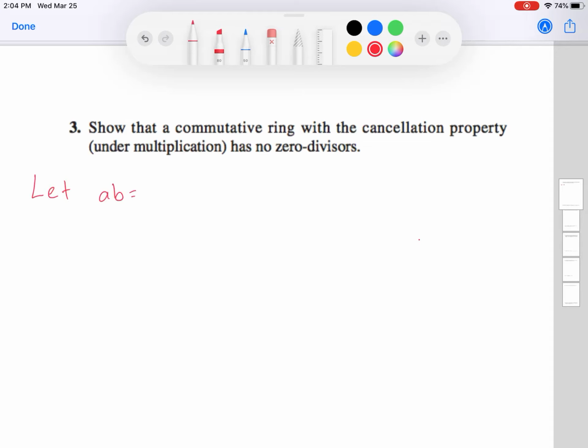So let's start this by saying let ab be equal to 0 and a is not equal to 0. Now, we know 0 times anything is 0, correct? So 0 is the same thing as saying a times 0.